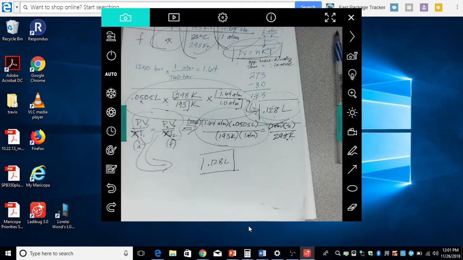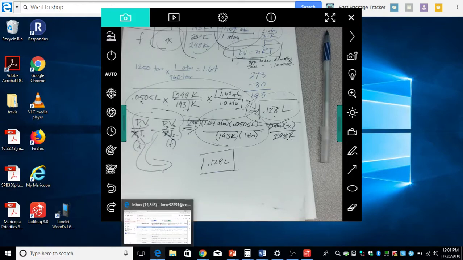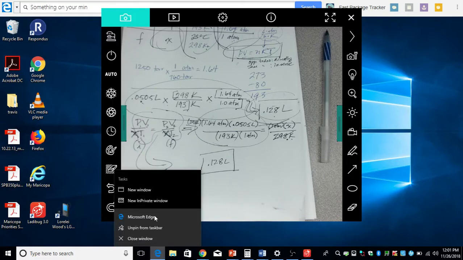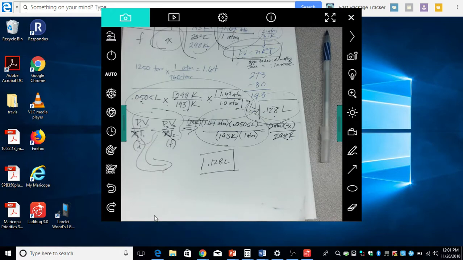You know what? Let's look it up on the internet. Google solves everything, right? What is STP? That's a good question. I've seen it in both.